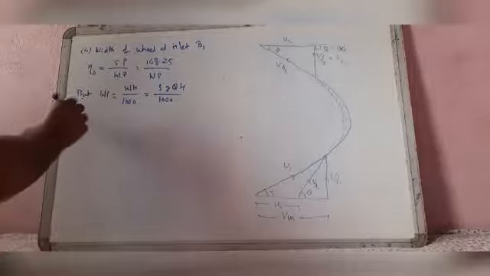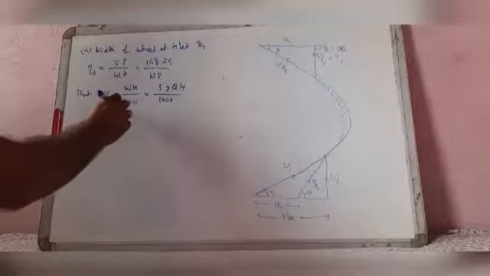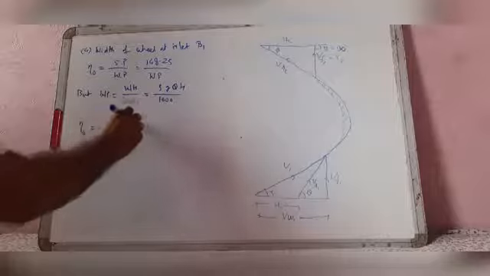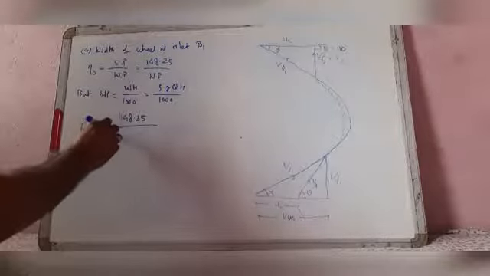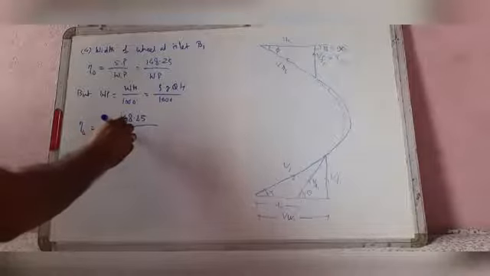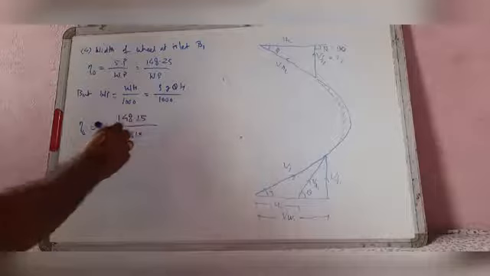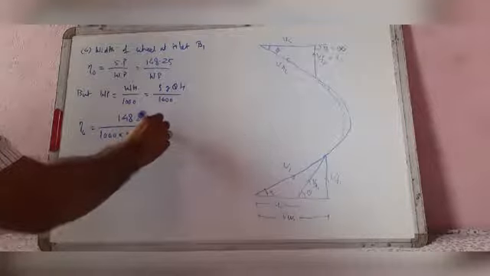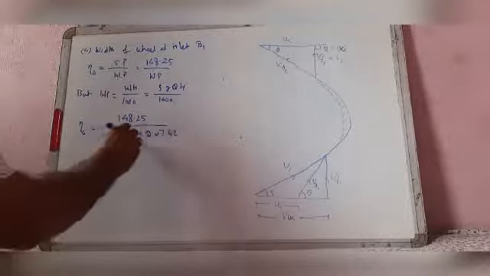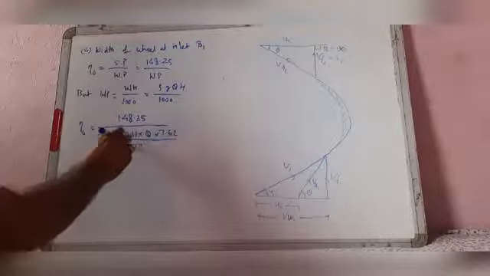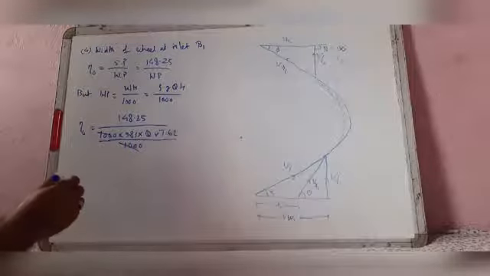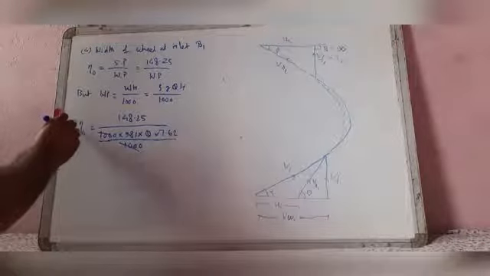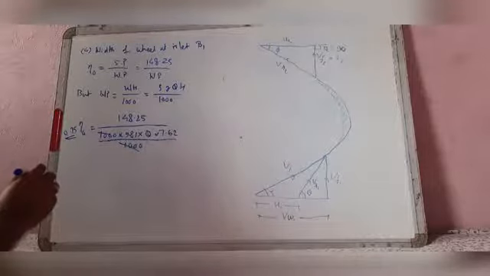Putting the values, eta overall equal to 148.25 by 1000 into 9.81 into Q into 7.62 by 1000, cancelling this 1000 both, and the value of overall efficiency is 0.75 given.